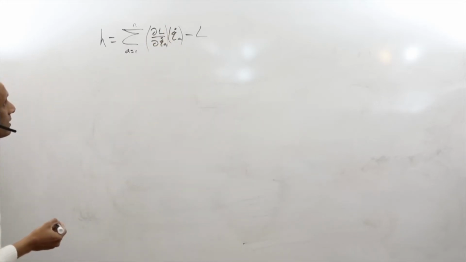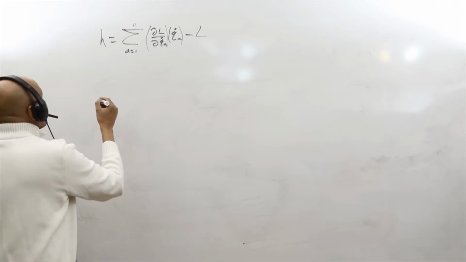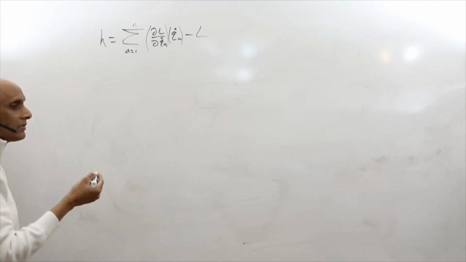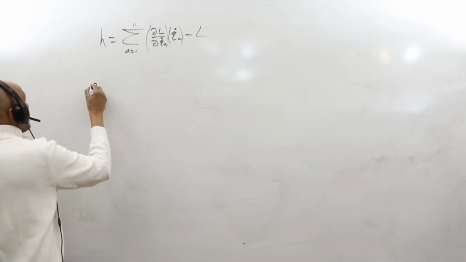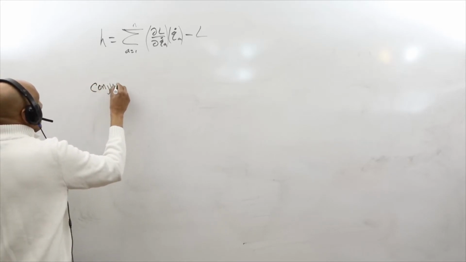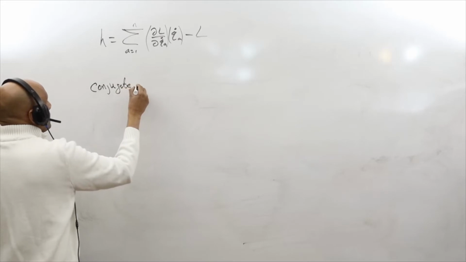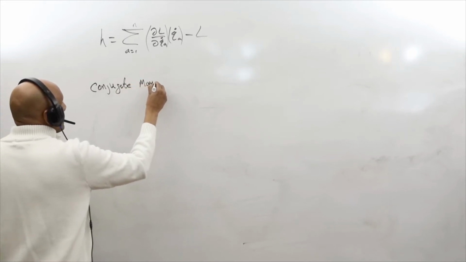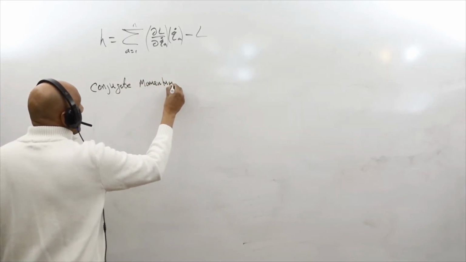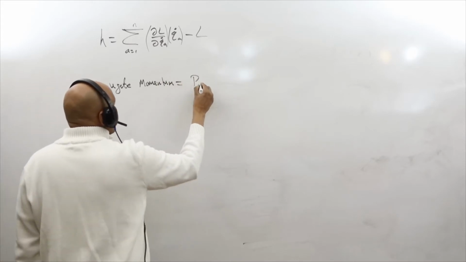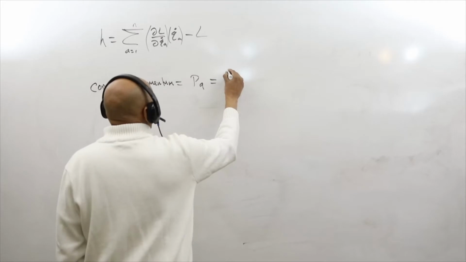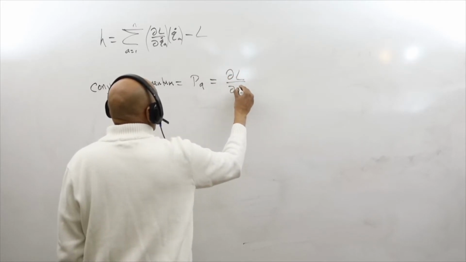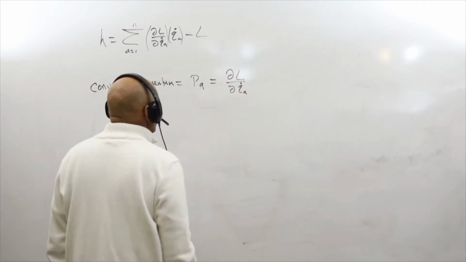So we're going to make a substitution, and the substitution is that we want to take derivatives and associate it with a new variable. This new variable is going to be called the conjugate momentum. We're going to call this PA, associated with the variable QA, and it's going to be equal to the partial of L with respect to QA dot.